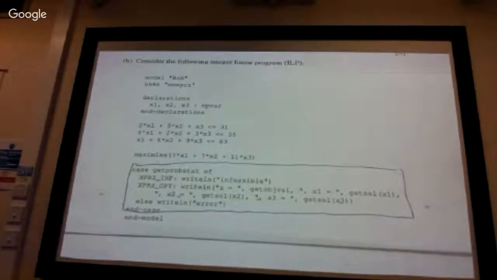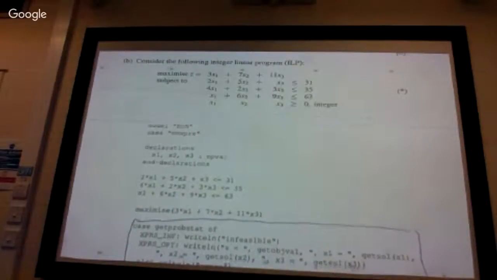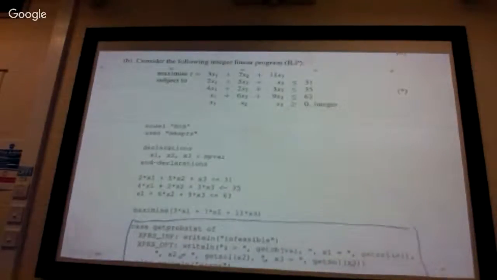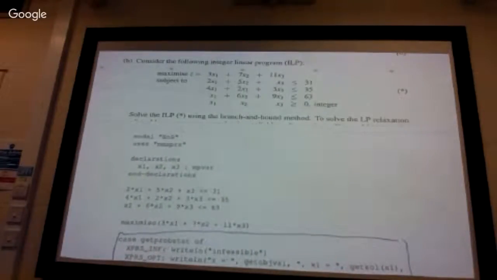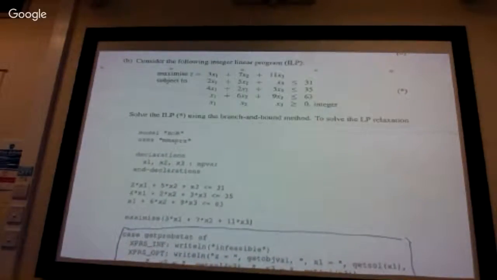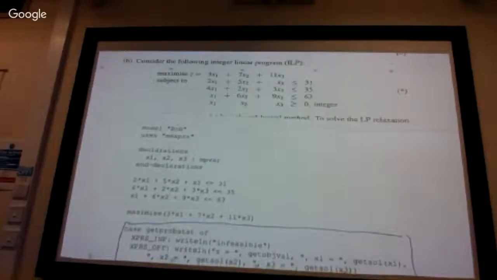But the rest is absolutely straightforward. Just look at the variables. There are 3 decision variables: x1, x2, x3. There are these 3 constraints. Non-negativity you don't have to write, that's automatic. And the objective is that, and that's everything.